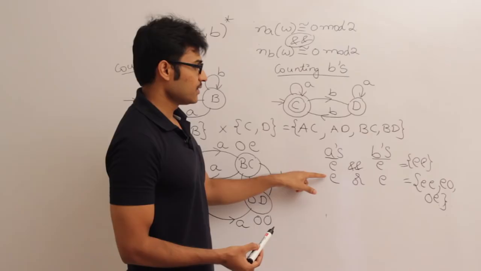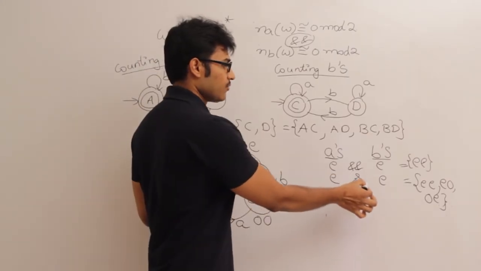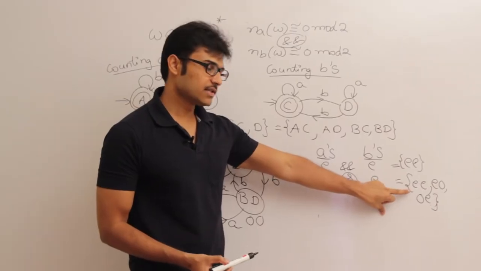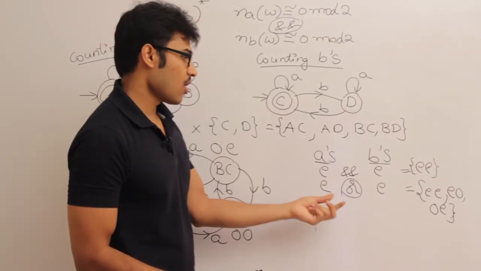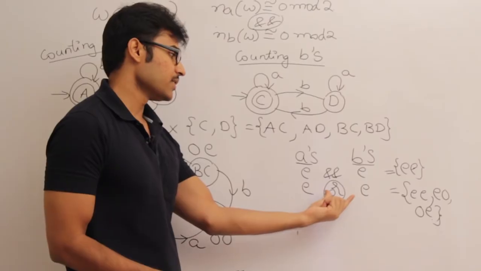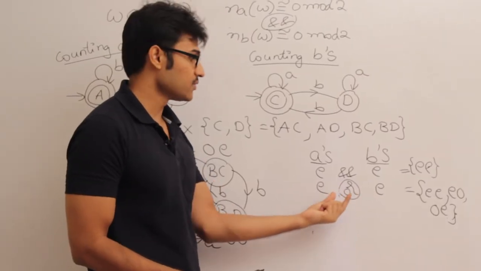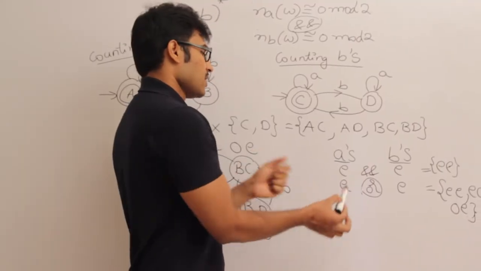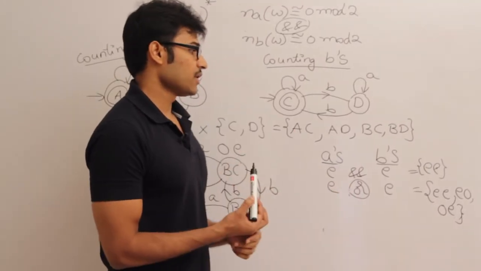So in this case, if I have OR, I'll get more than one final state. Only state which will not be a final state in this question is O, which means odd. Odd should not be there in this case, because if the string contains odd number of A's and odd number of B's, it is neither even number of A's or even number of B's.